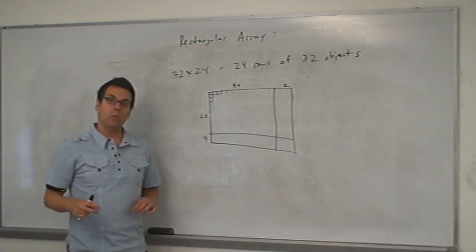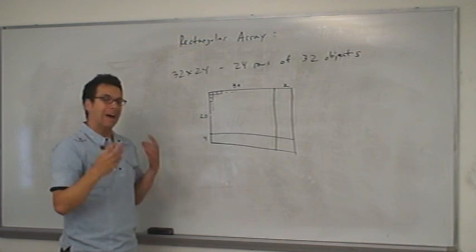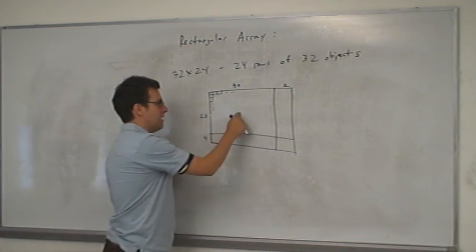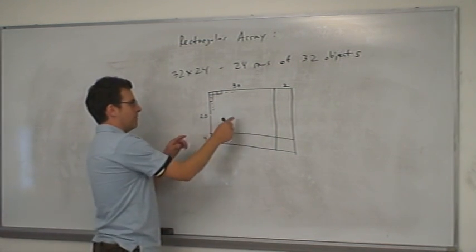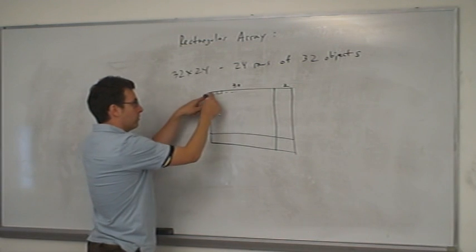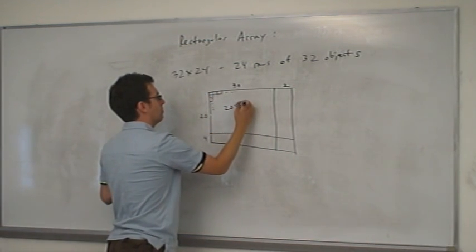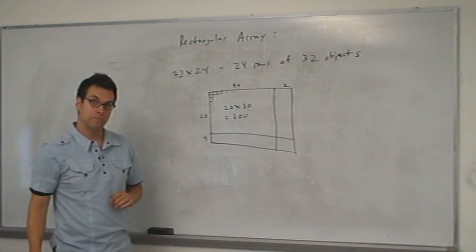we see that we can count the total number of little boxes in the entire array by counting the number of boxes in each of these 4 rectangles and adding those all up. So for example, in this upper left rectangle, we have 20 rows of 30 boxes, which we interpret as 20 times 30, which is simply 600.